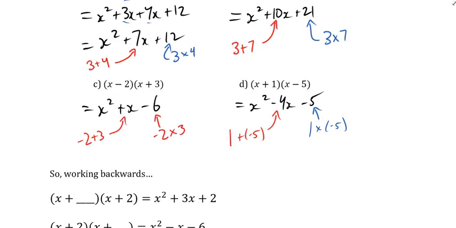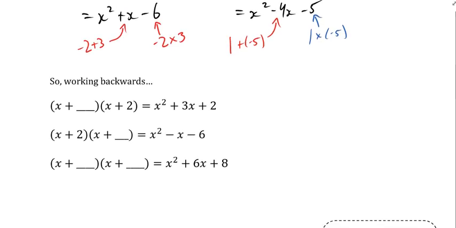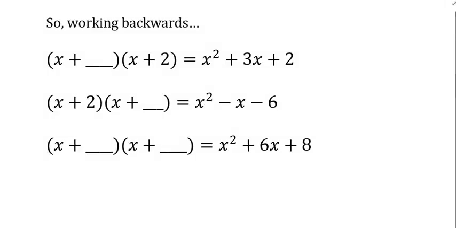Okay, so if we know that the outside term I got from multiplying and the inside term I got from adding, can I work backwards and fill in these blanks? What should I put there?